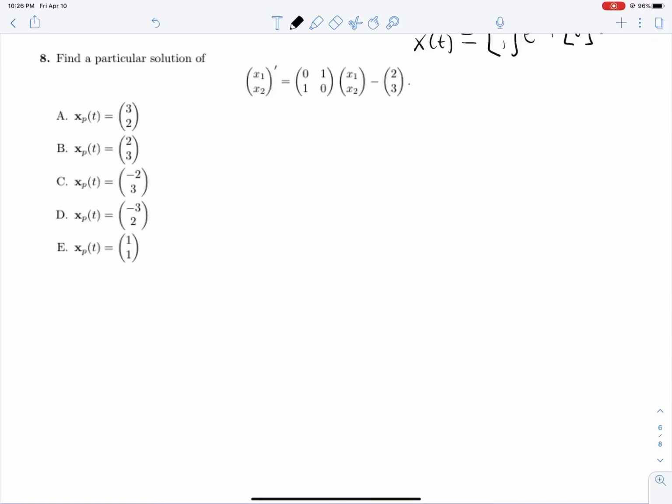8. Let's find a particular solution of x prime equals Ax minus 2, 3. So just like in our single-dimensional case when we only have one equation, our guess is just based on what this non-homogeneous bit over here is. So I'm guessing that our solution will be made up of some vector a and some vector b.